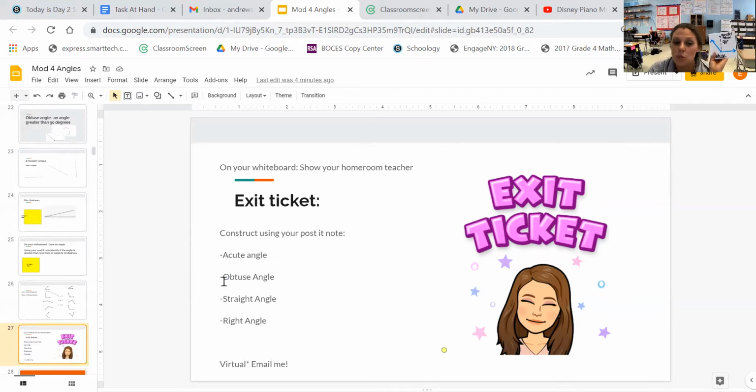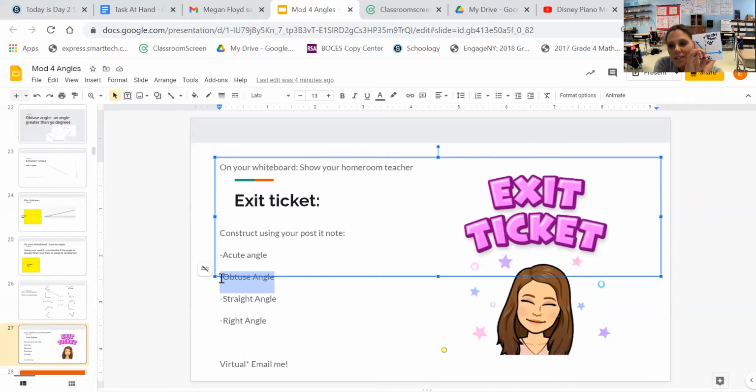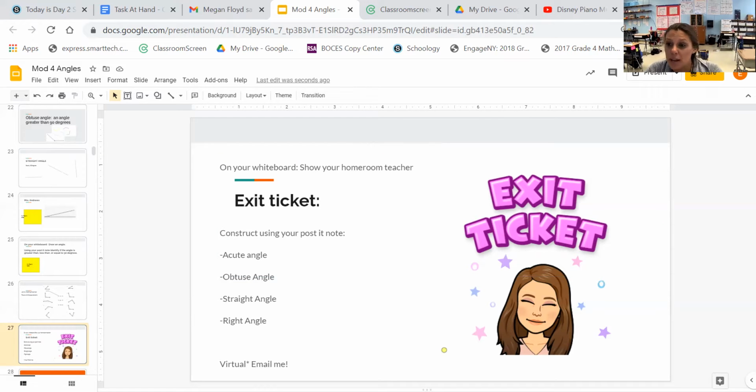Then you've got to show me obtuse, one that's greater than 90 degrees, a straight angle, exactly 180, and a right angle. If you're in the class, you're just going to hold it up on your whiteboard for your homeroom teacher. If you're at home, you're going to take a picture of your work and just email it to me.